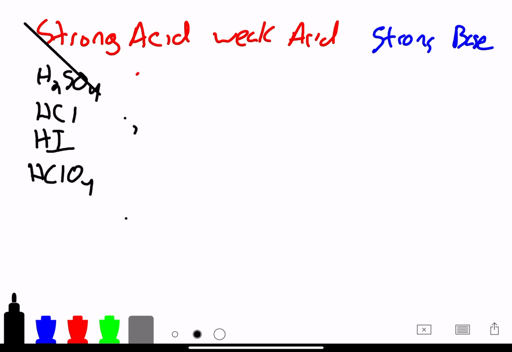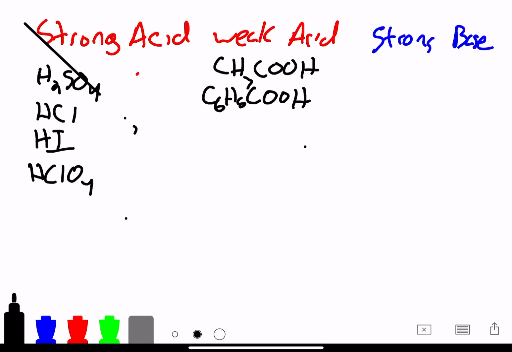Now your weak acids are going to be anything that's an acid that is not on the list of strong acids. So that would be CH3COOH. It would also be C6H5COOH. This one is acetic acid, this one is benzoic acid.